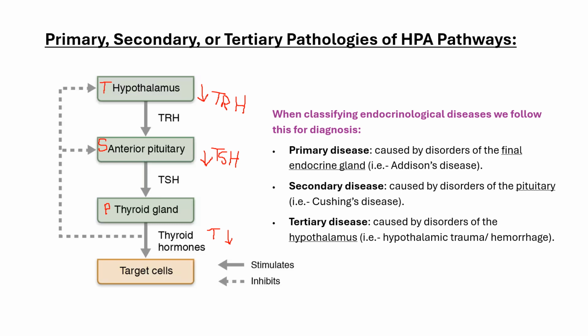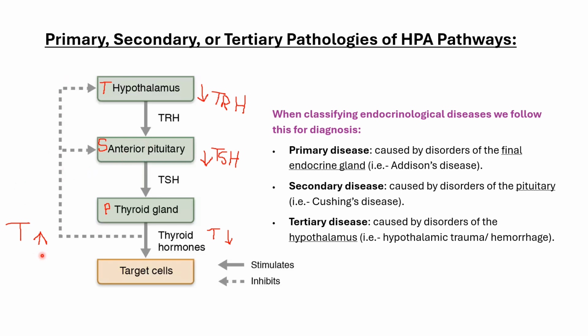So this is how we figure out. And similarly, the other way around, if there is too much thyroid hormone, maybe there is a tumor in the thyroid, right? Maybe there is a thyroid tumor and it is making too much of the thyroid hormone. Now this thyroid hormone is going to have a negative effect here, and there will be too little TSH and also too little TRH.